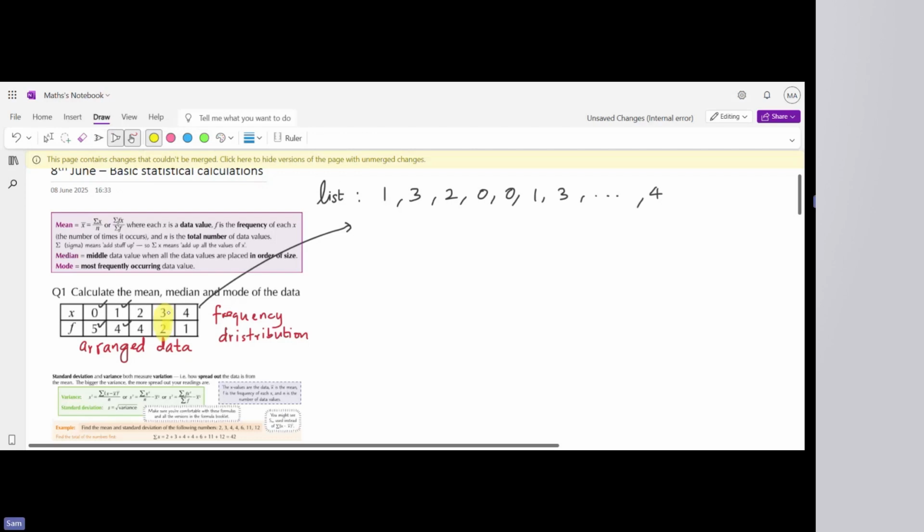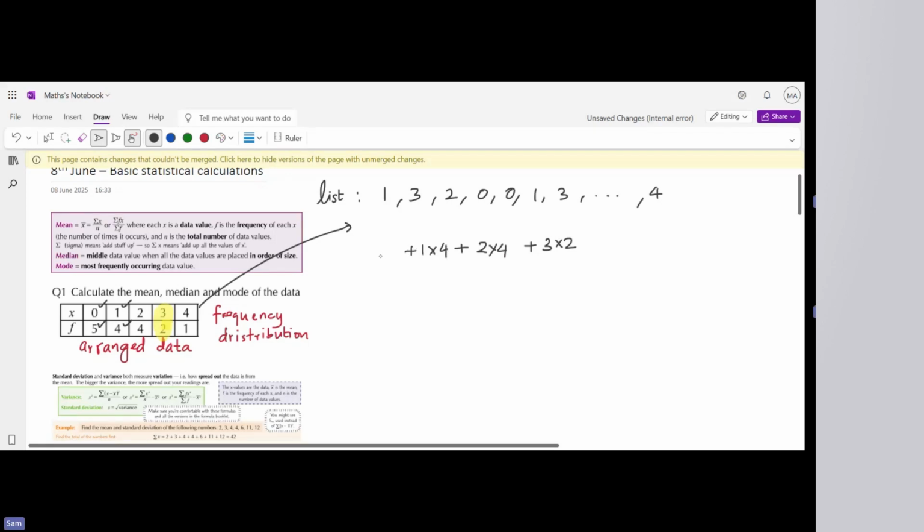So 3 appears 2 times, so the contribution of 3 in the entire data would be 3 times 2. Similarly, if we complete this calculation, 2 appears 4 times, so it is 2 times 4. Then 1 appears 4 times, so 1 times 4.